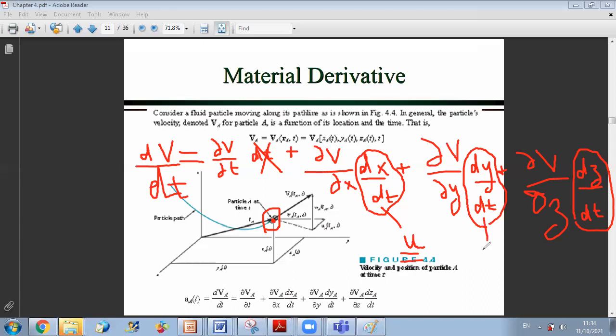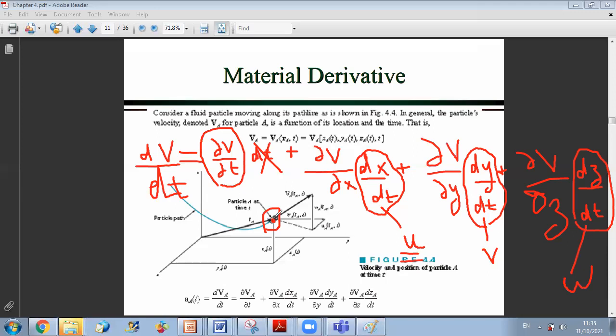Dy by dt is v, and dz by dt is w. So in this way, I found out that in a fluid domain, to find the total derivative of a certain variable, I should consider its local variation with time. This term represents the local variation with time. Why am I saying local?